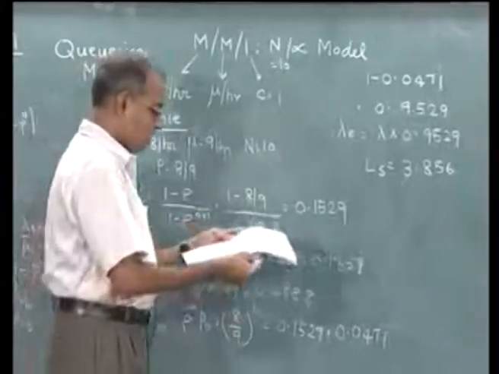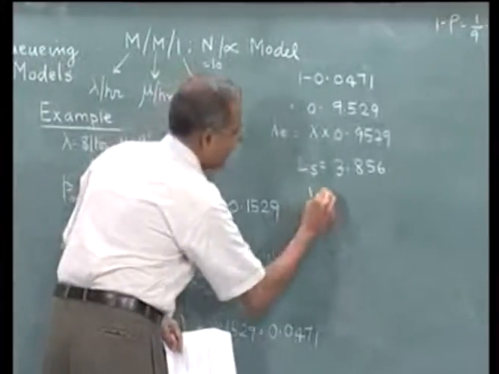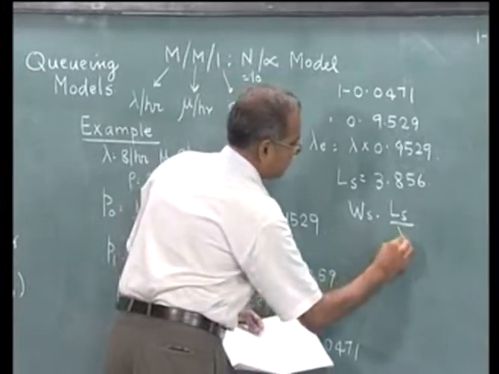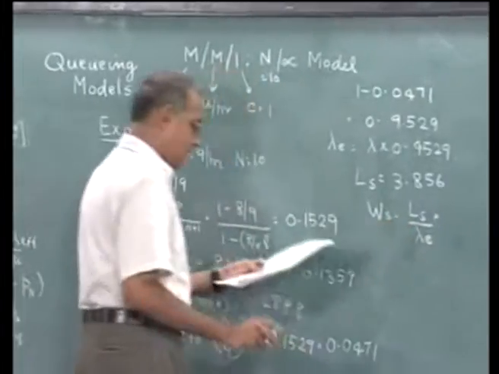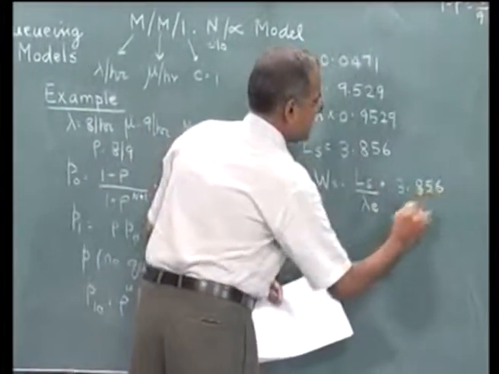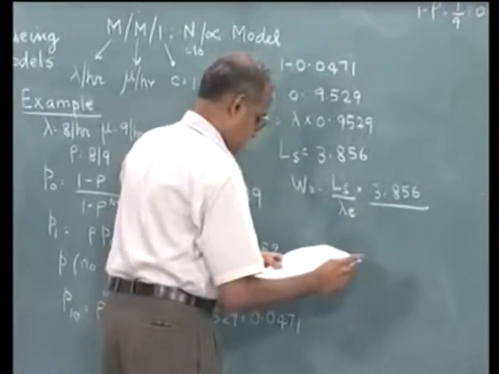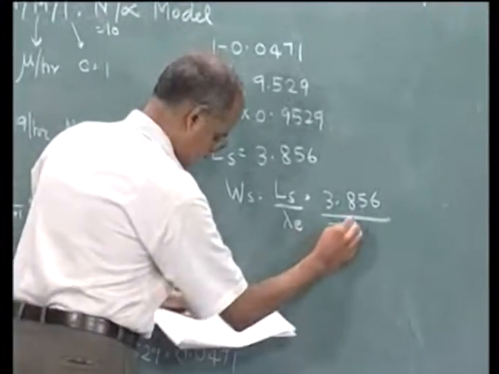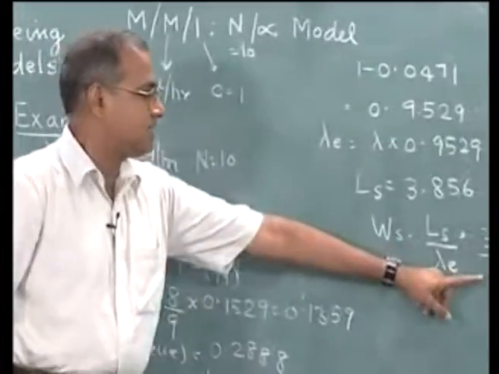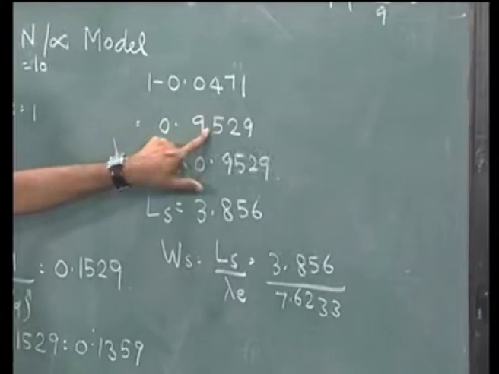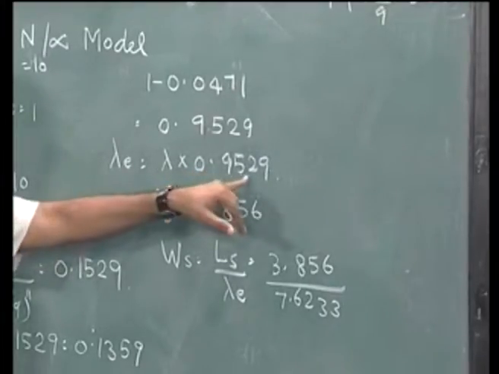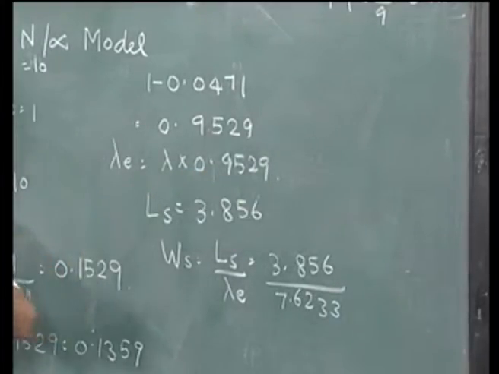Now, again we can calculate the rest of them. Ws is equal to Ls by effective lambda e, and this will be 3.856 divided by 7.6233. Now, this 7.6233 is nothing but 0.9529 into 8, because 0.9529 is the probability that a person comes in.